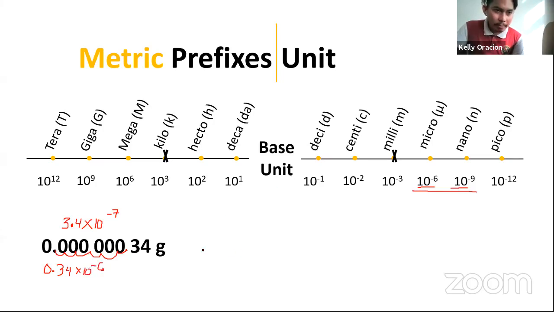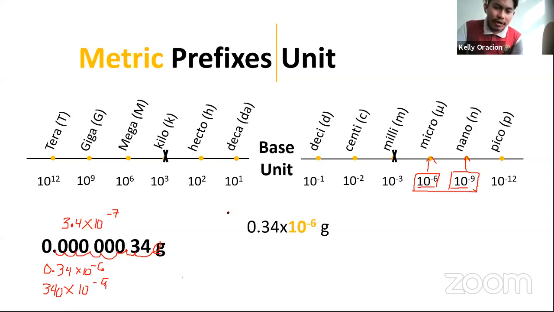How about negative 9? For negative 9, so if this is negative 6 already, for negative 9, let's continue. 1, 2, 3. So there will be an additional 0. So it will turn 340 times 10 raised to negative 9. Yan. Now, take note, the equivalent prefix of 10 raised to negative 6 is micro, and the equivalent prefix of 10 raised to negative 9 is nano.